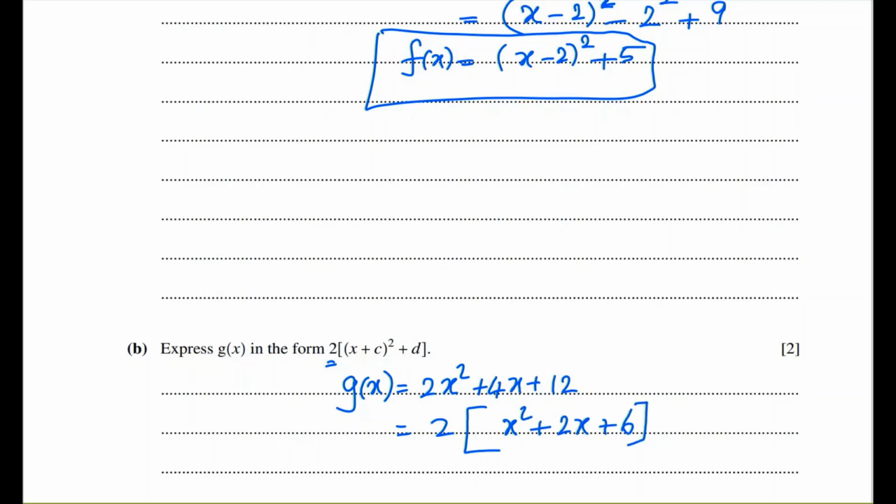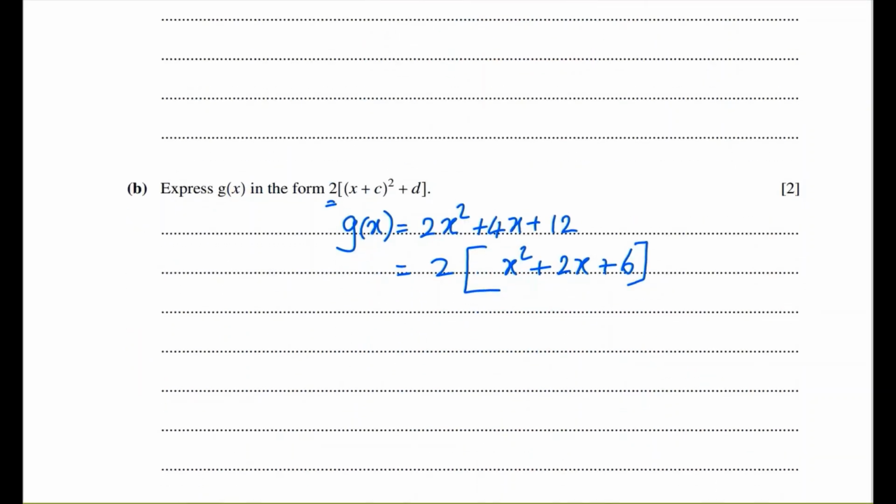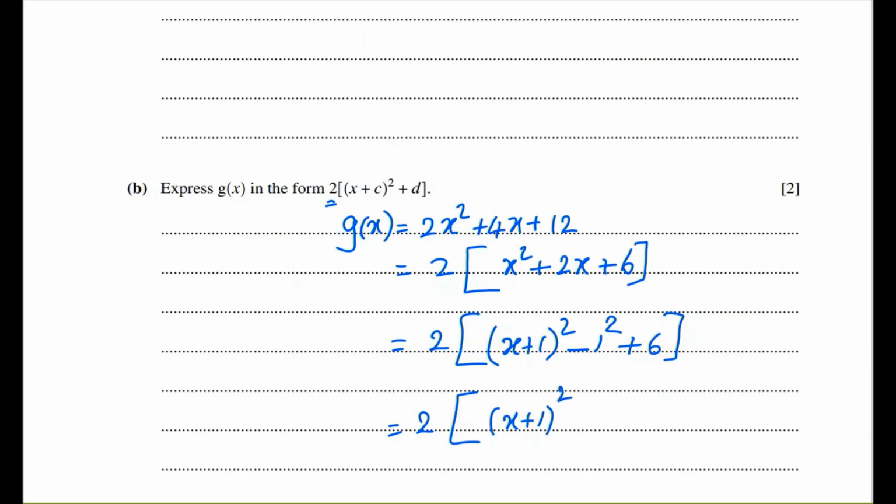Now we have to complete the square. The coefficient of x is 2. So we will write it as (x plus 1) the whole square minus 1 square plus 6. So 2 multiplied by (x plus 1) the whole square, minus 1 plus 6 is plus 5.